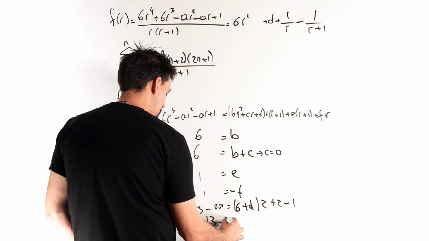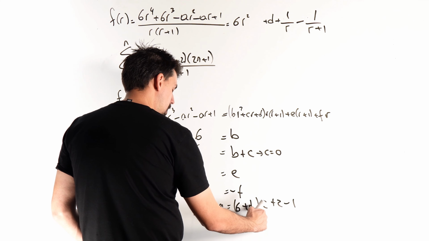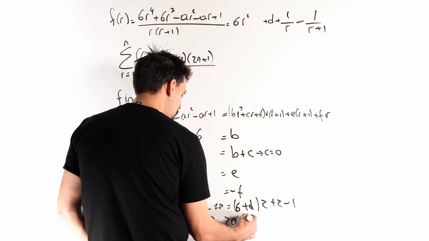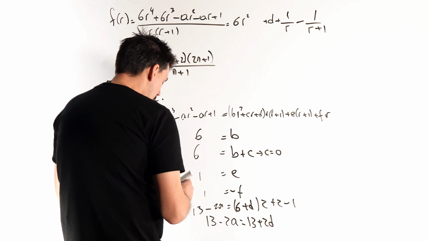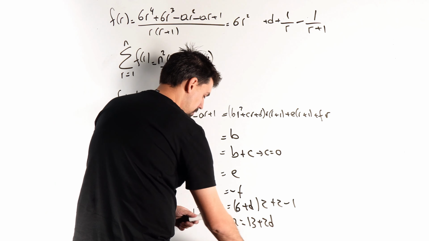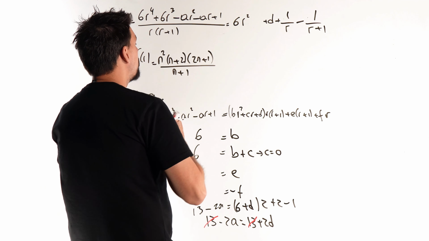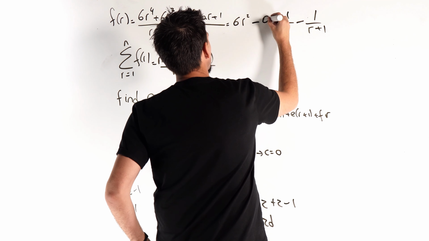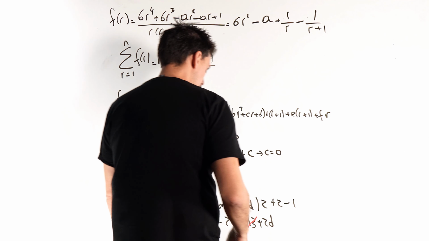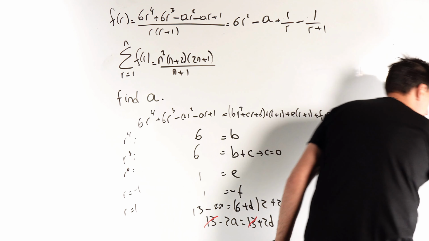That's 13 minus 2a is 12 plus 2 minus 1. Oh, 13, that's nice, plus 2d. So that one, in fact, will tell me that d is minus a. Alrighty then. Let's go. So we've got our partial fractions.